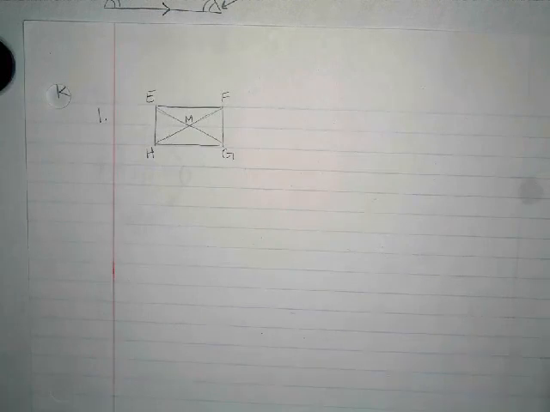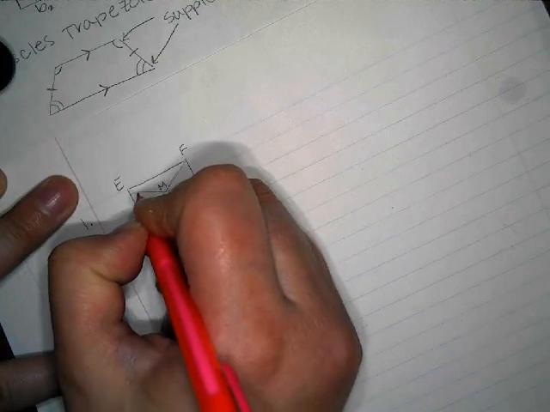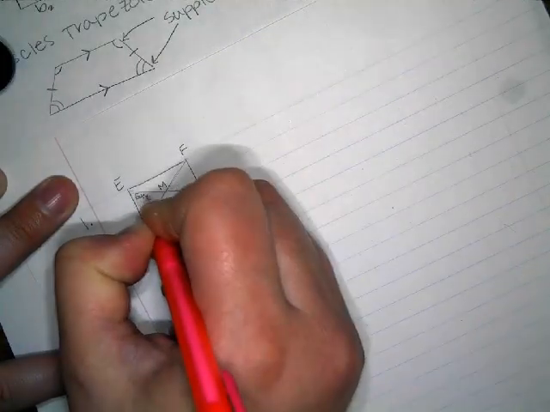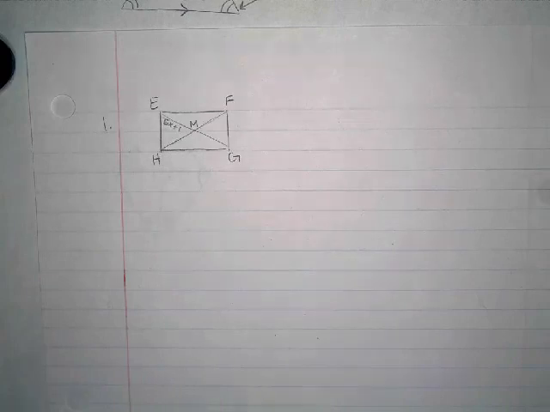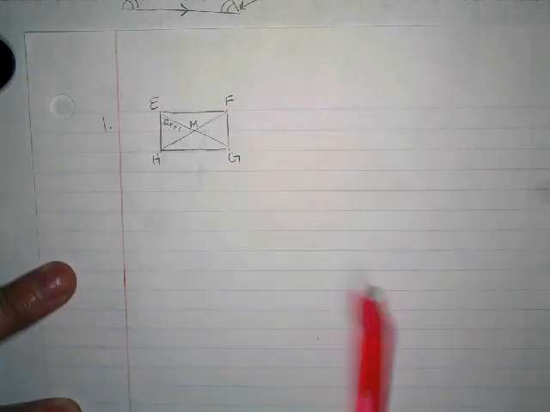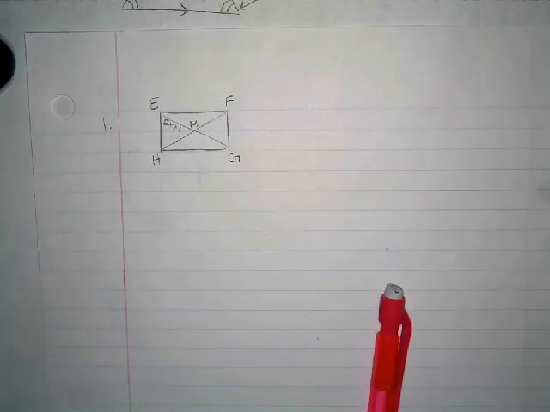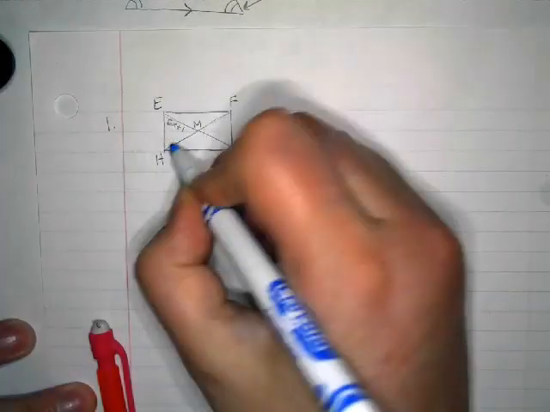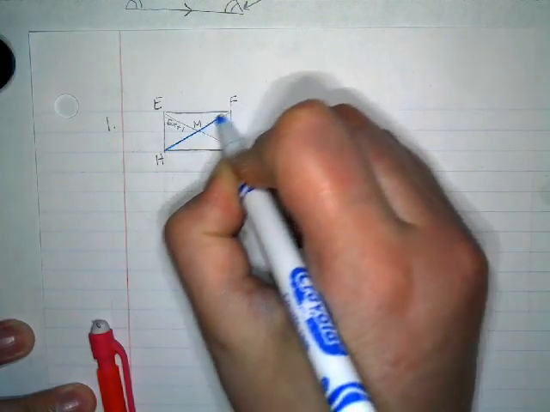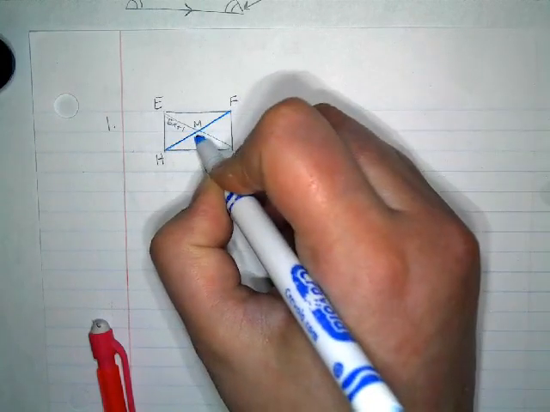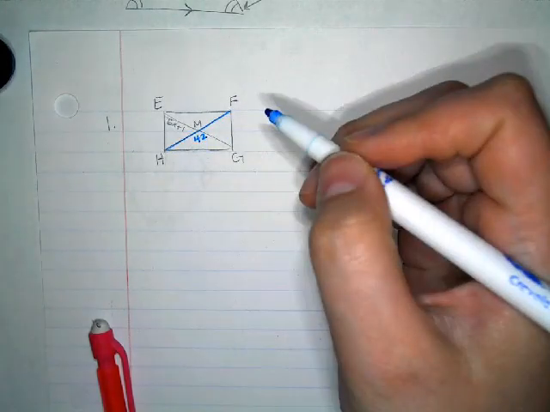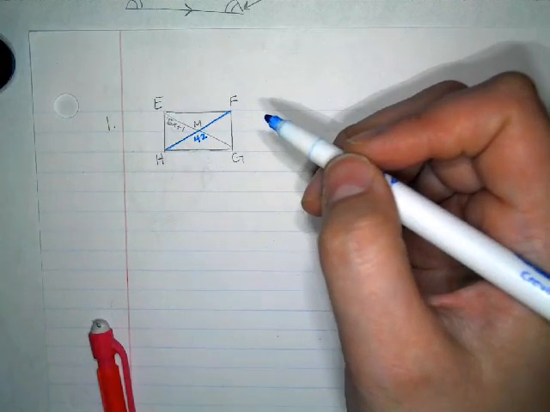And it says H to F, this whole length, I'm going to use a color so that I can tell it's the whole length, H to F is 42. Find the value of x and the length of EM.